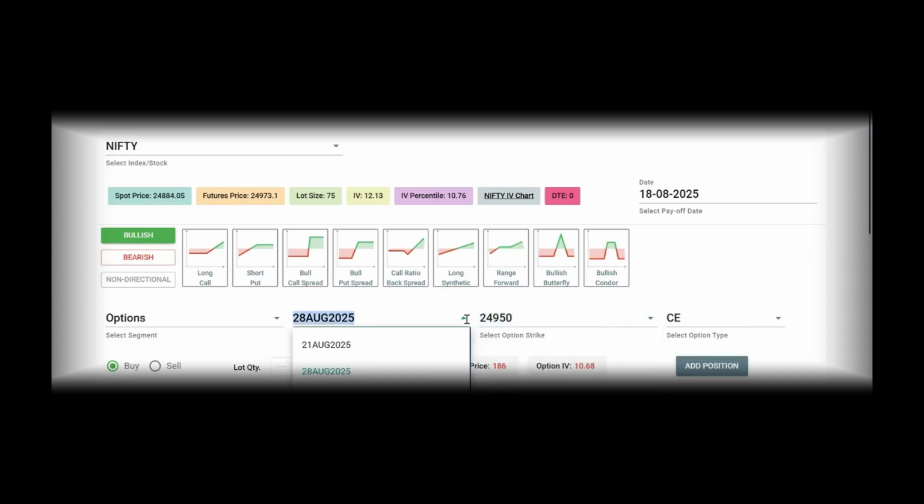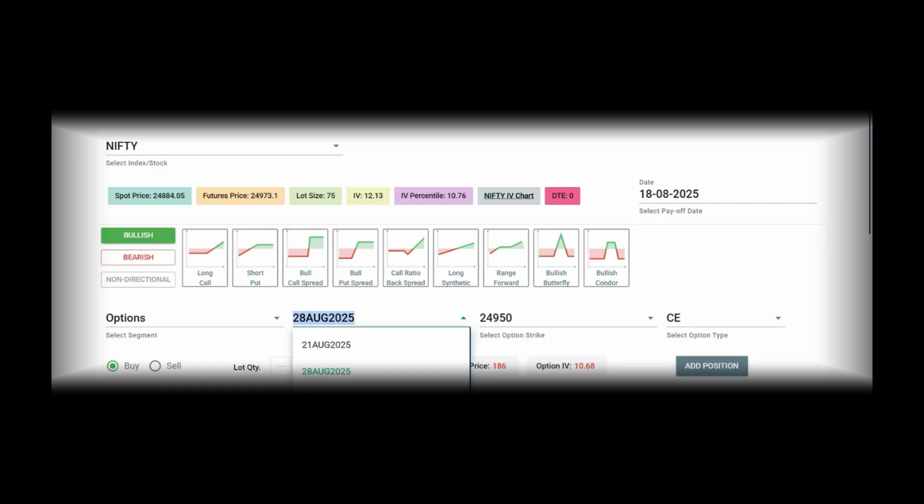And when it comes to Nifty options, Opstra confines itself to the Indian markets, the stocks as well as the options present in the National Stock Exchange. So here we will notice Nifty. And the dates that are present over here are the dates at which the contract expires, which are typically the Thursday of every week.